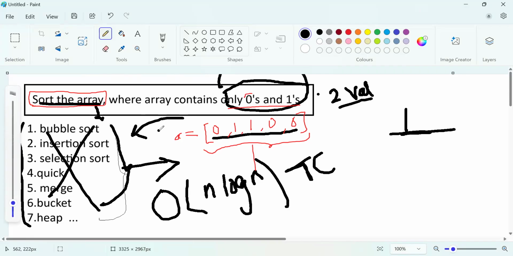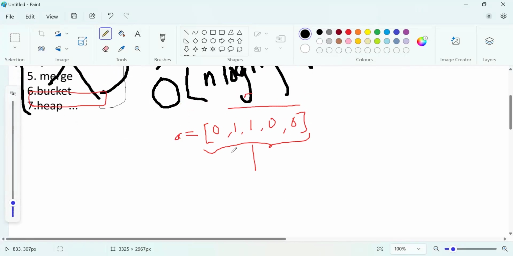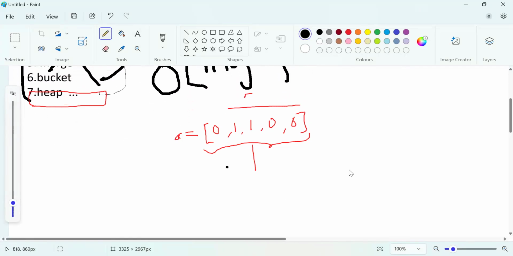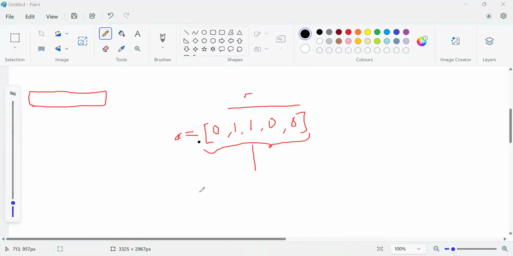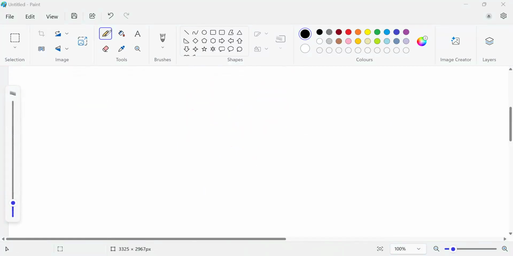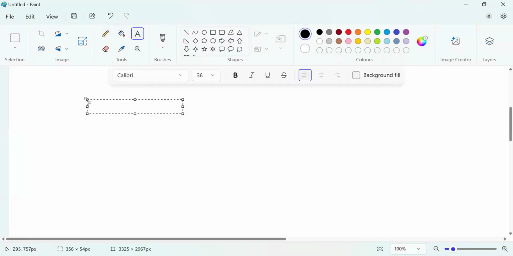Okay, I hope you have done that. If you haven't found the answer, let's figure it out now. Let me clear the board. Now, let's take an array: 0, 1, 1, 0, 0, 1, 0, 0, 1.